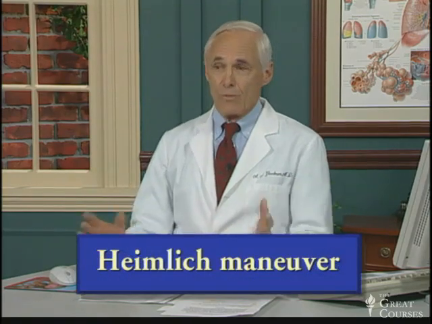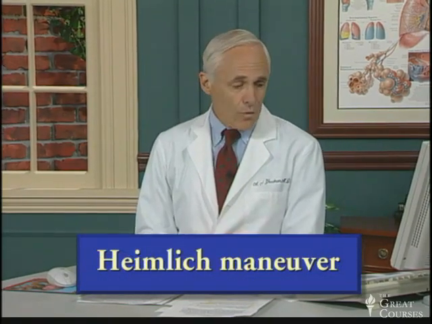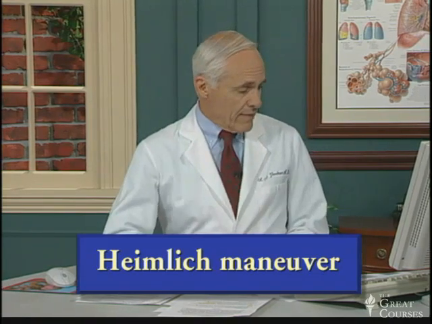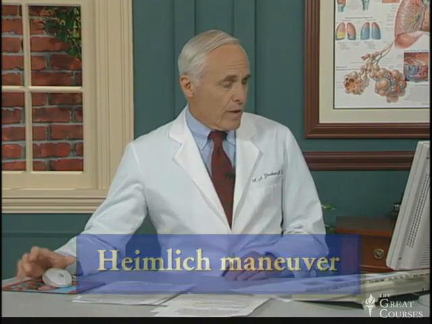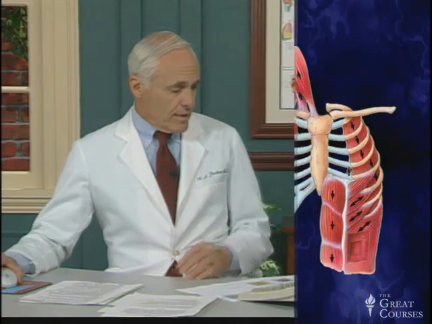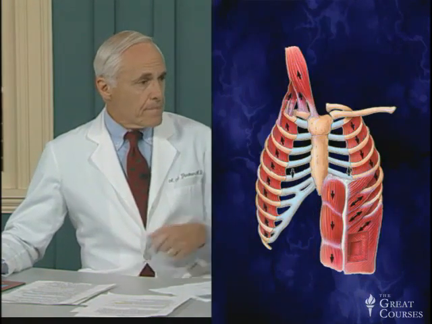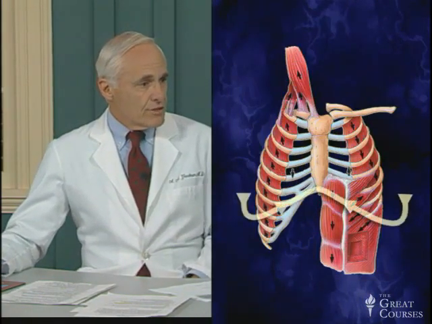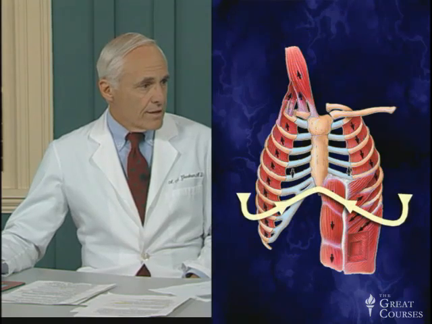One of the maneuvers you're probably most familiar with is the Heimlich maneuver. Now almost everybody knows about that. The way that works is that when we have something obstructing the airway, we take the patient and squeeze just under what's called the xiphoid, right between the ribs here.